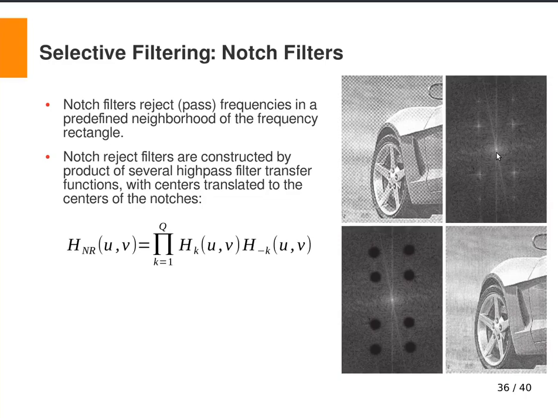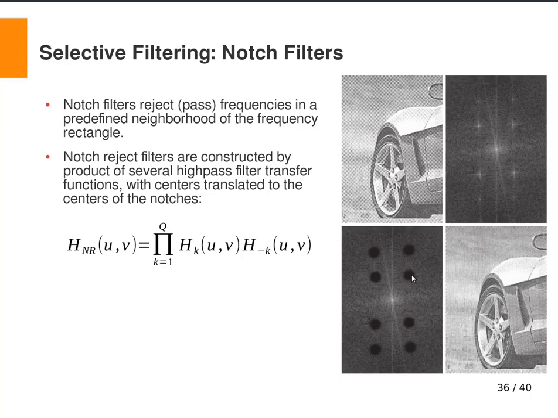So if we want to get rid of this using the previous filters, it's not going to be possible. That's why we need to design notch filters to be able to remove a smaller region of the frequency response.